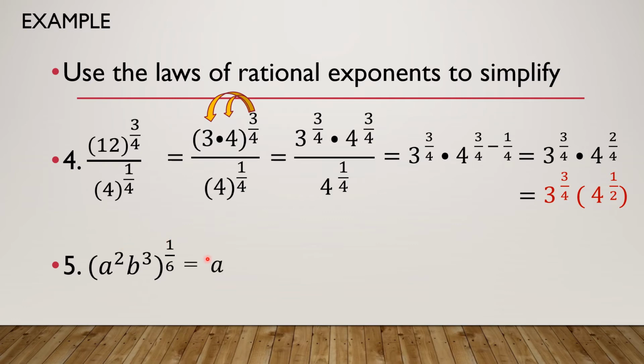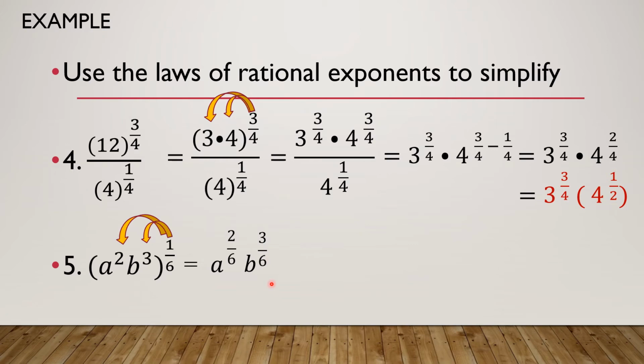So we have A, then 2 times 1 over 6, that is 2 over 6. Then, times B, 3 times 1 over 6, that is 3 over 6.